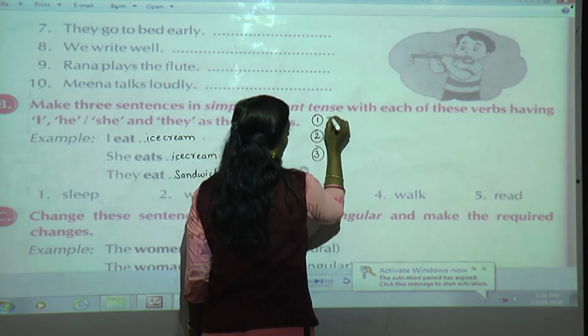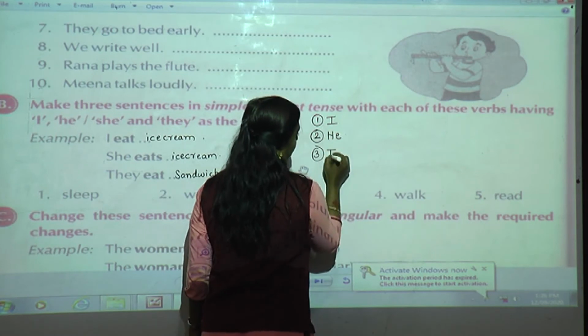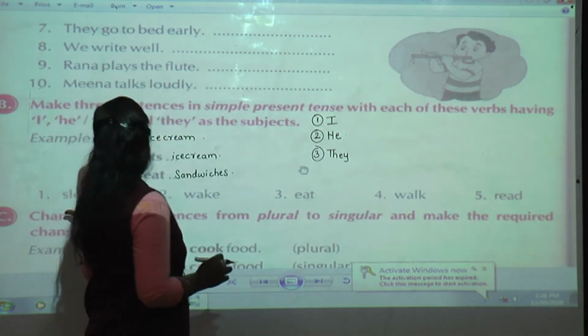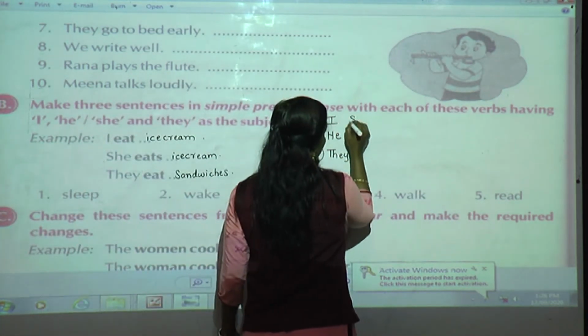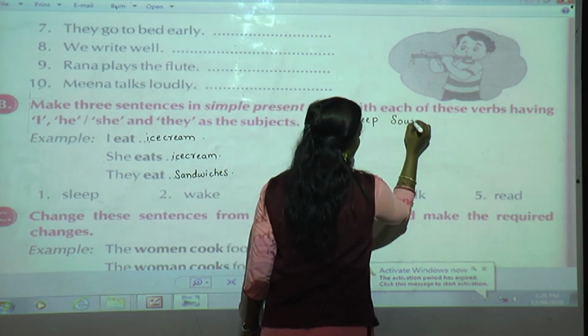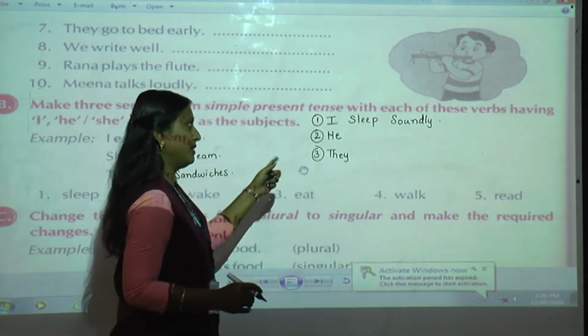So I, he or she and they. Only with the help of this subject I am going to use this sentence. I sleep soundly. Here you can make your own sentences. But now whatever I am giving, you copy.